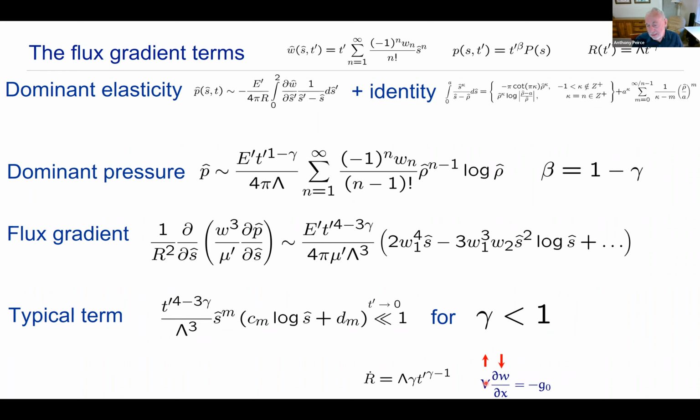So it's accelerating. If you look at r dot, just differentiating this power here, it gives you gamma minus 1. So if this is to increase as t goes to 0, gamma has to be less than 1. Ultimately, that means that the pressure terms become irrelevant.